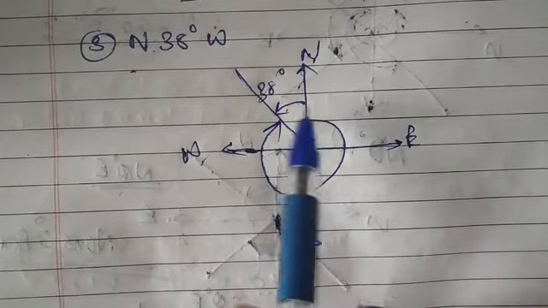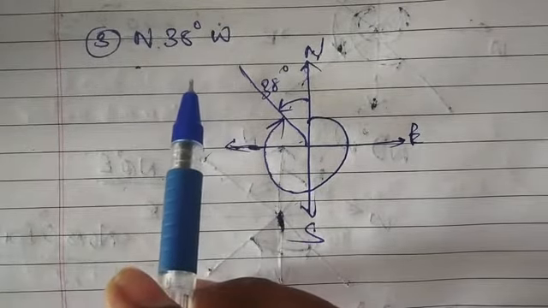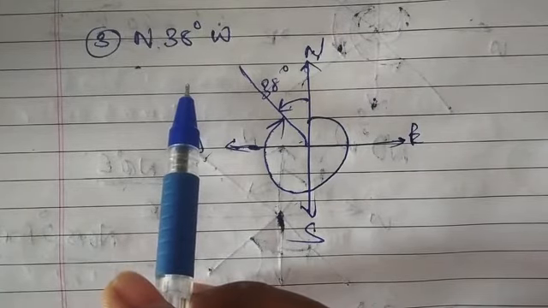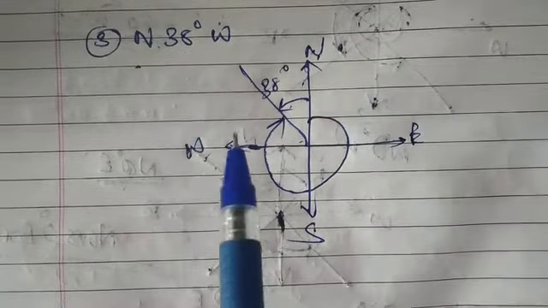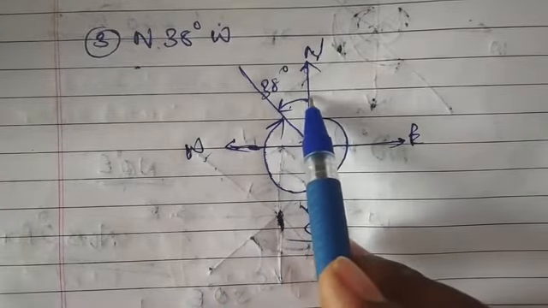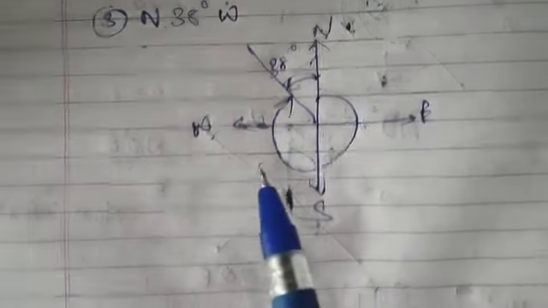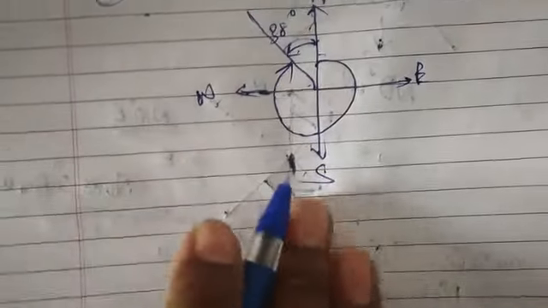We know that the total angle for the circle is 360 degree, out of which 38 degree is known to us and the remaining angle is to be determined.